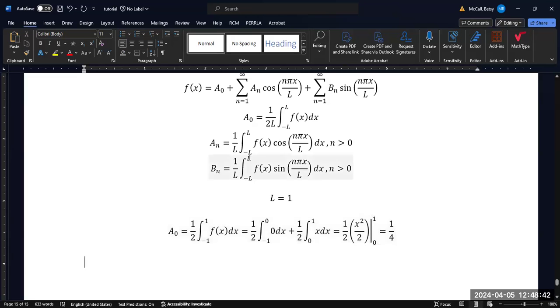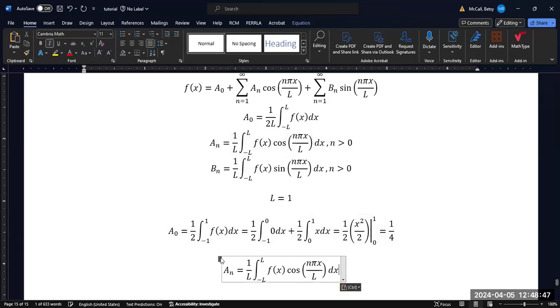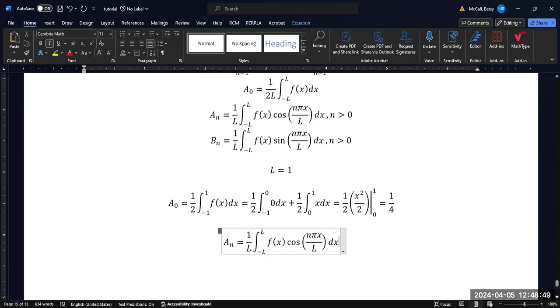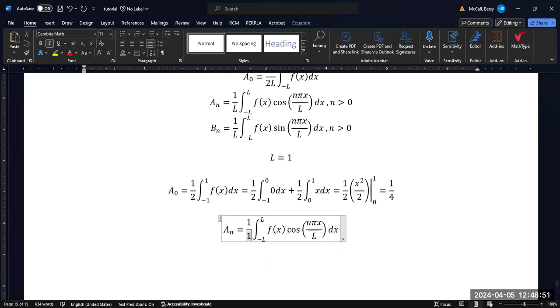Super. Now, basically, we're going to have the same problem that we're going to have to deal with for all of these examples. So again, we're going to have L is 1.